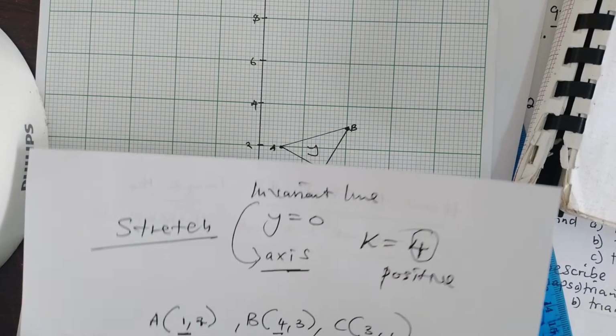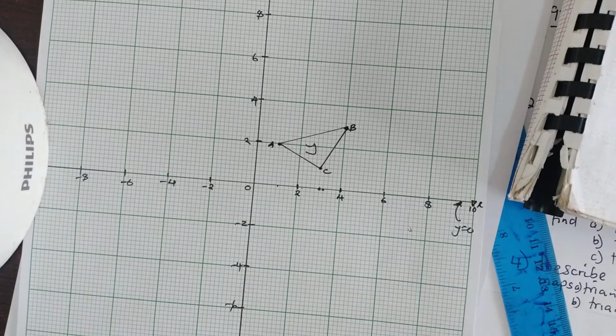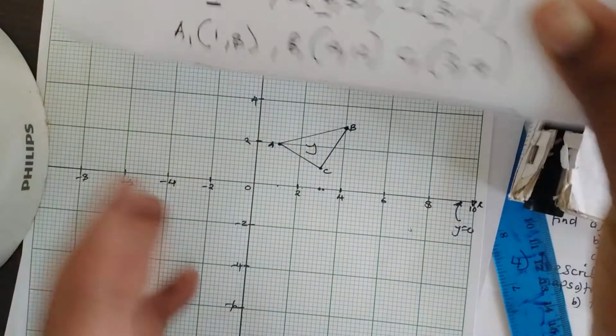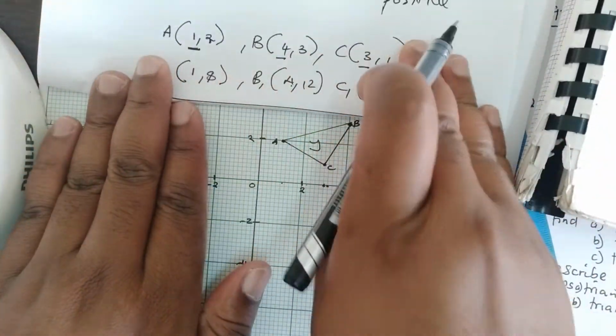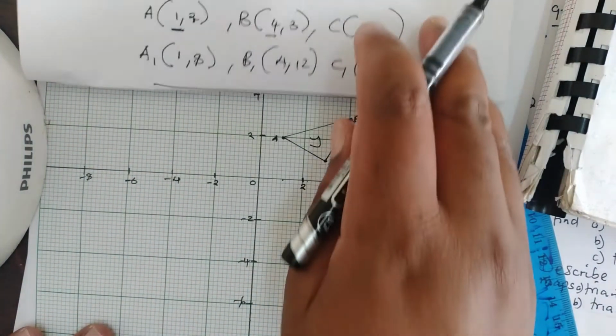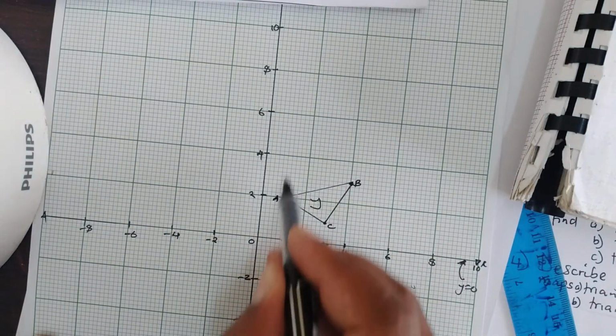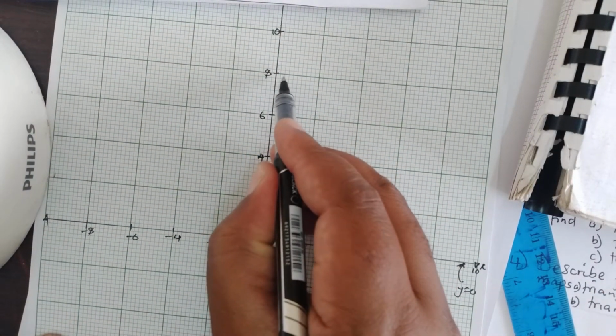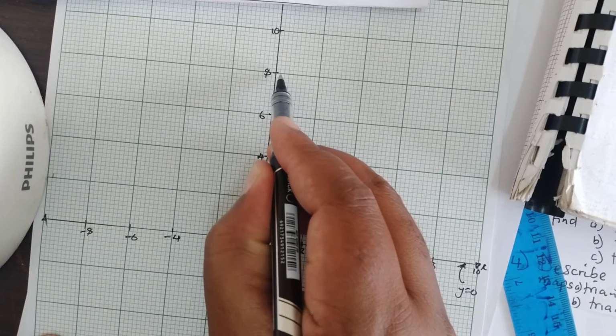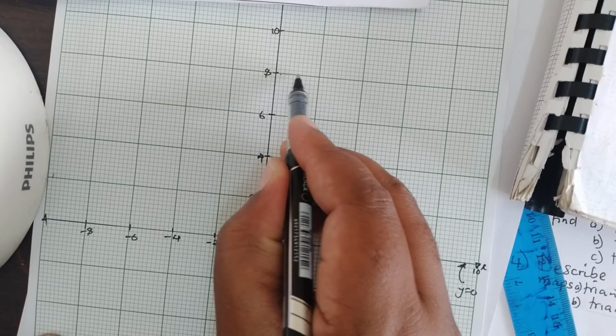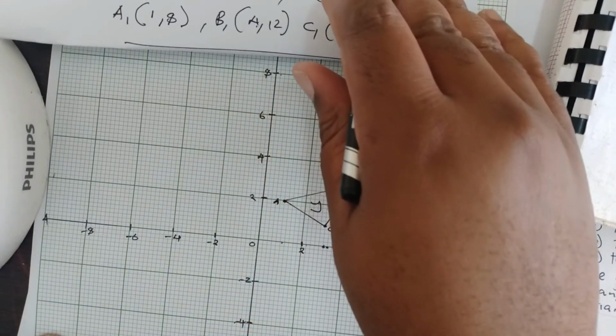So the first one is 1, 8. Alright? So x is 1, y is 8, somewhere here. So you're going to say 1, 2, 3, 4, 5. This is what you're supposed to have.